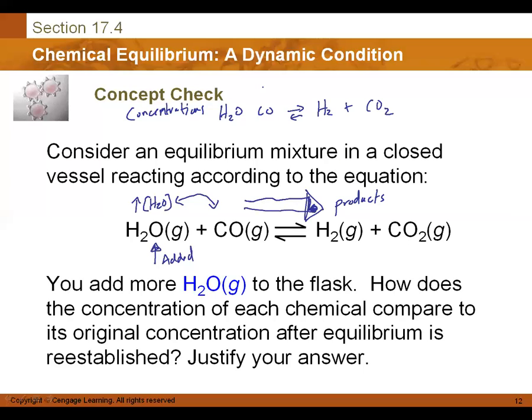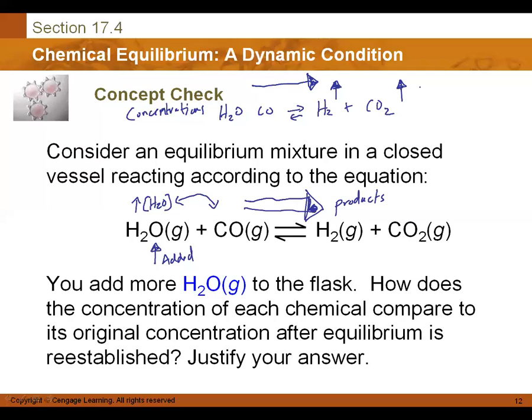Well, since the reaction is heading now, because we sort of forced it that way, towards the product side, we should expect an increase in the amount of H2 that's being formed. We should also expect an increase in the amount of CO2 that's going to be formed, because we're forcing the forward reaction to take place.